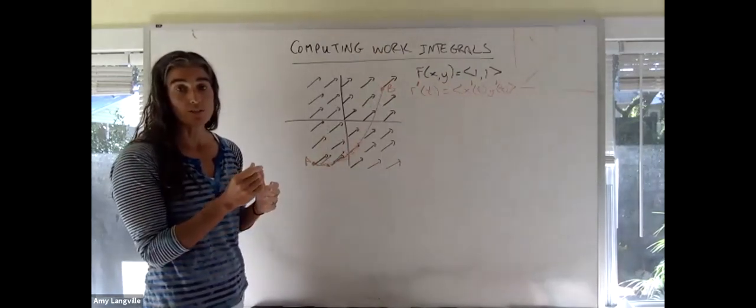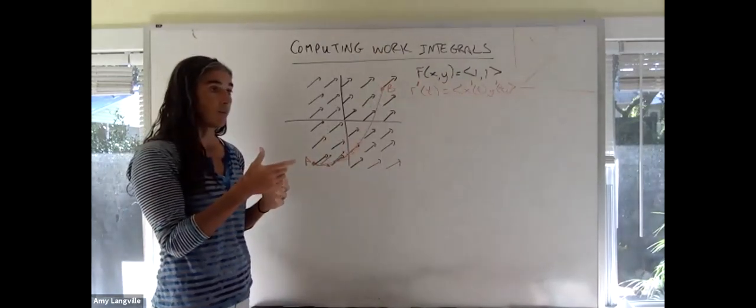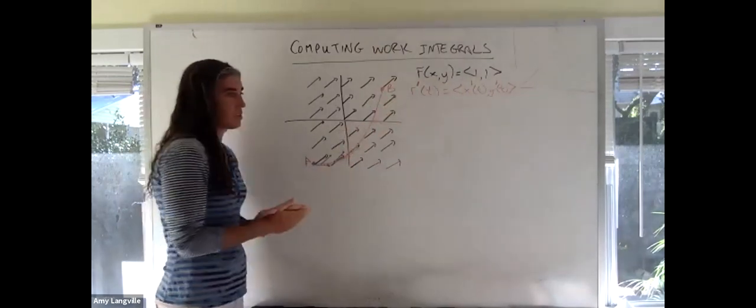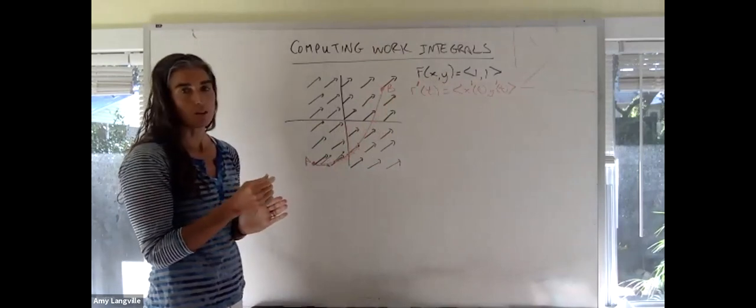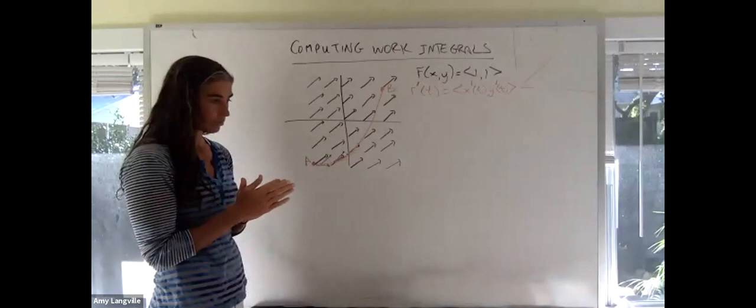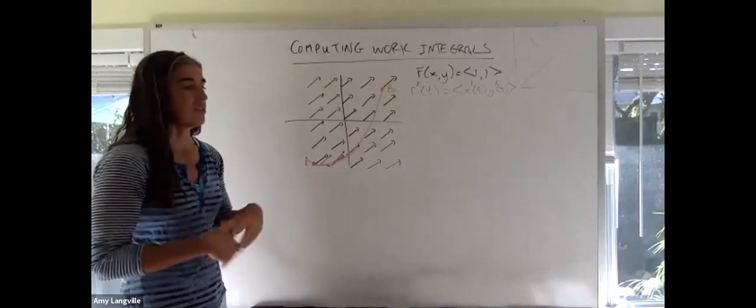If we did that for 100 delta t's, so divide this from A to B in t units of 100, of course, we're going to get a better approximation.